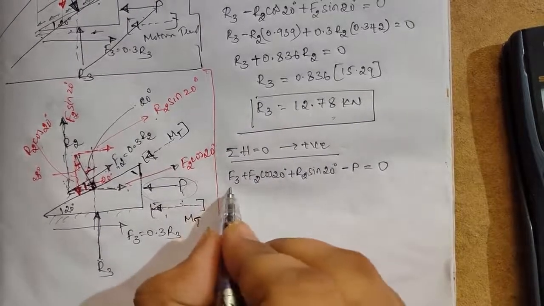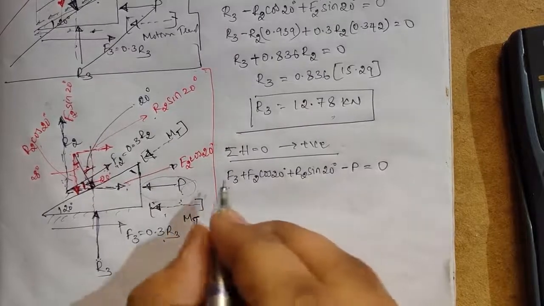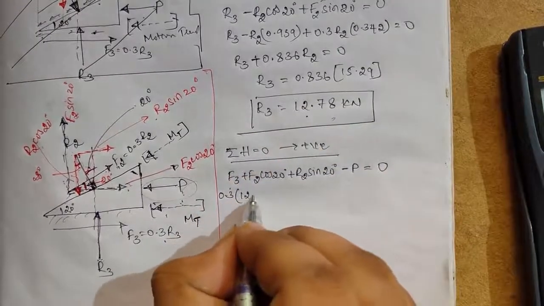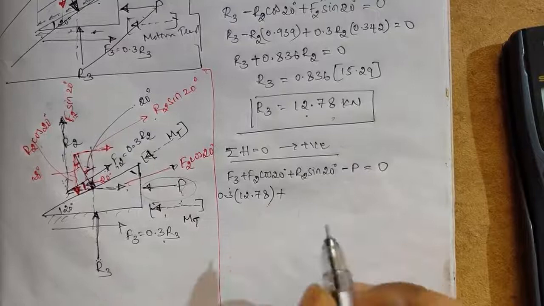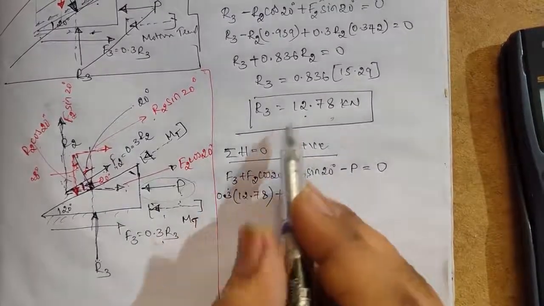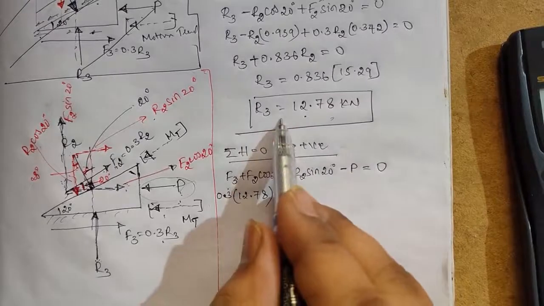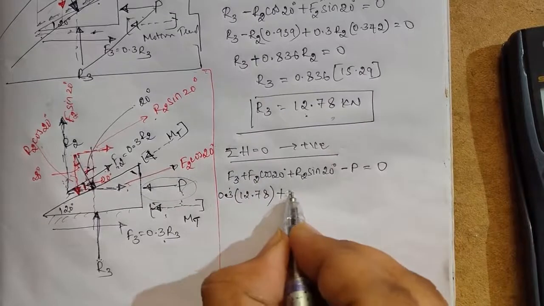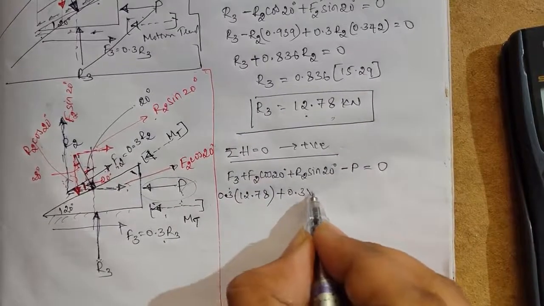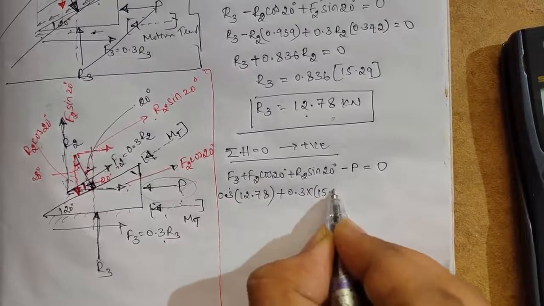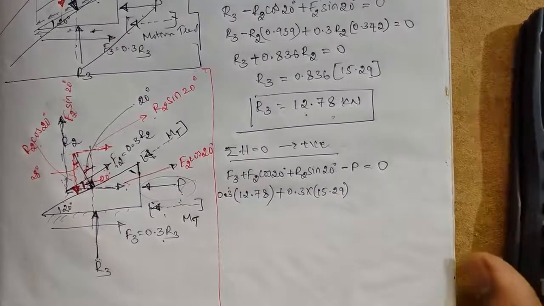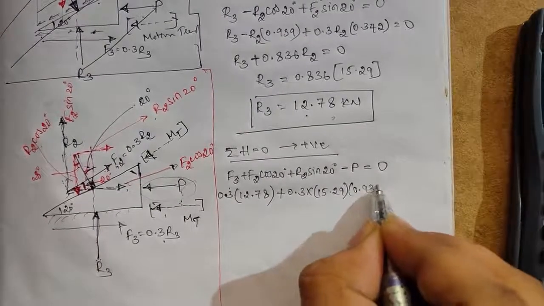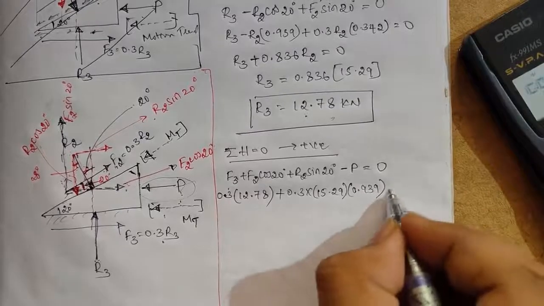Now F3, what is F3? 0.3 into R3, and R3 is 12.78, so I take 12.78 directly. Then F2, what is F2? 0.3 into R2, R2 value is 15.29, cos 20 degree, that is 0.939.